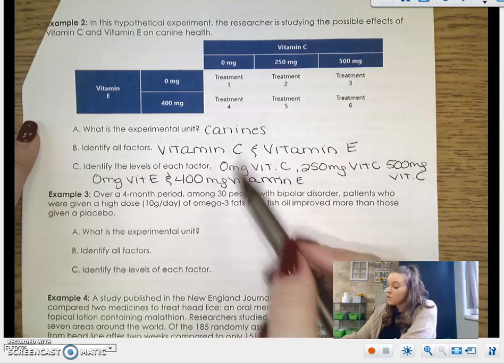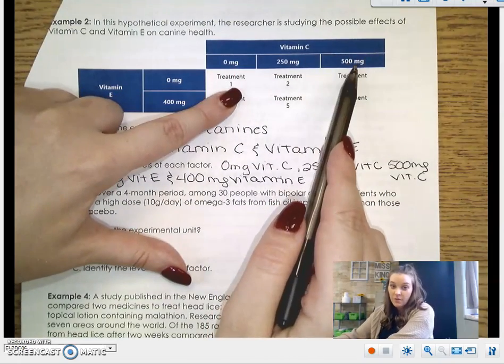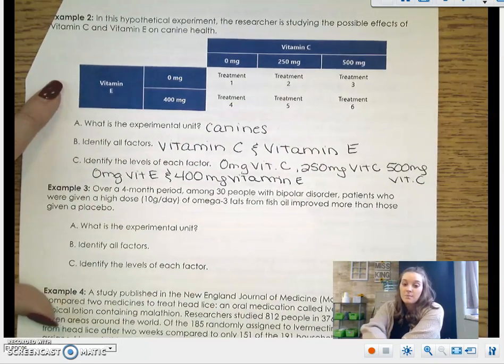But your levels would be the 0 milligrams versus 250 versus 500, or 0 versus 400 for vitamin E.